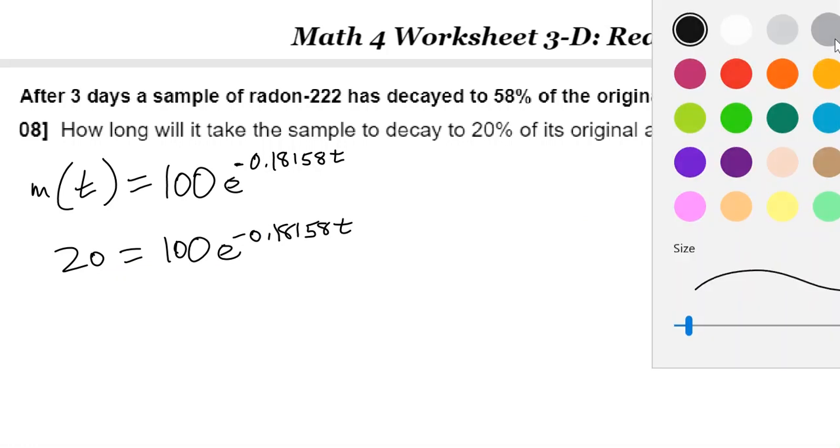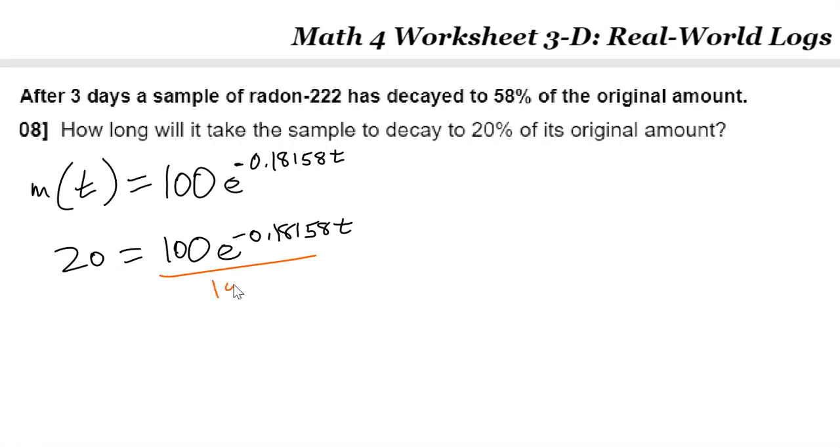And so we're going to divide both sides by 100. That's going to give us 0.2 equals e to the negative 0.18158 t. And I am now ready to write this as a logarithm.